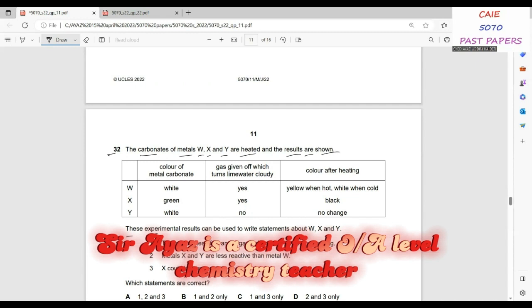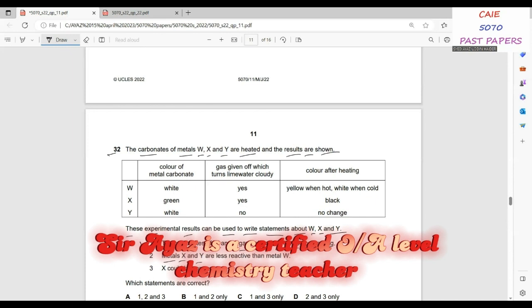These experimental results can be used to write statements about W, X, and Y. 1. The carbonates of W and X gave off carbon dioxide on heating. We know that carbon dioxide is a gas which turns lime water milky, so this is the right statement. 2.